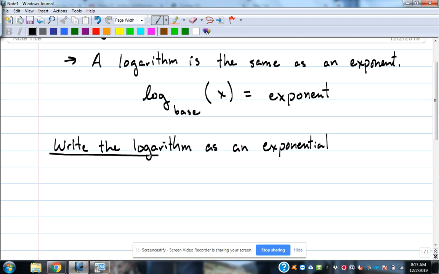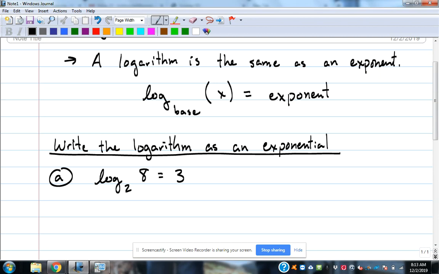What that means is we're going to take a problem, we'll call it log base 2 of 8 is equal to 3. We're just putting some numbers in the place of that, and we're going to rewrite that as an exponential equation. What we mean by exponential is a problem that has exponents in it. That's what an exponential is.